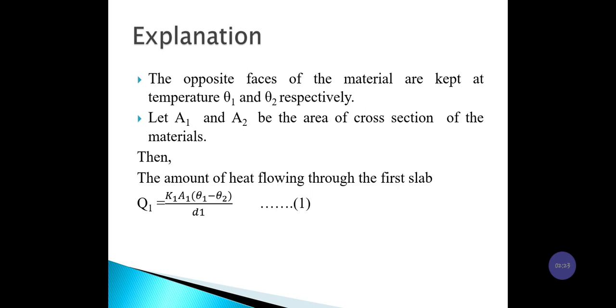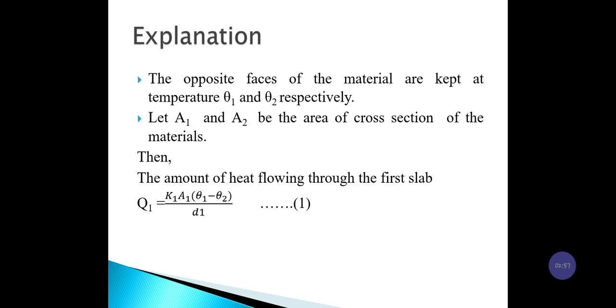Now the heat is flowing from one slab to another slab. So what will happen? Let us see the amount of heat flowing through the first slab. We can write the equation Q1 equal to K1A1 into theta 1 minus theta 2 divided by D1, and mark this equation as number 1.